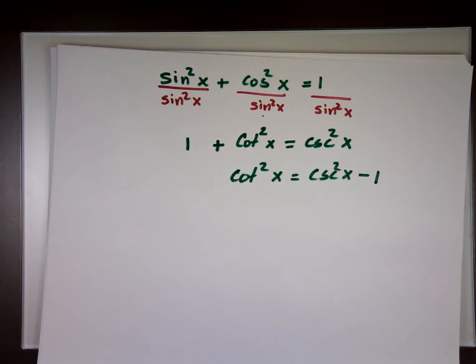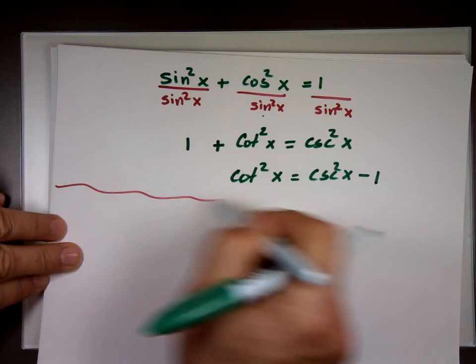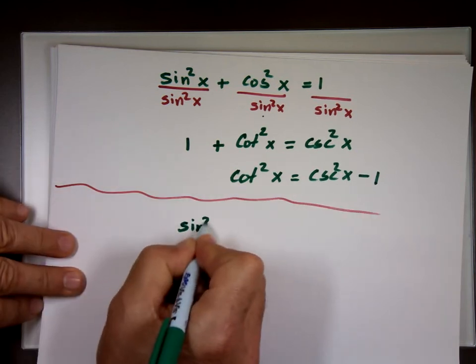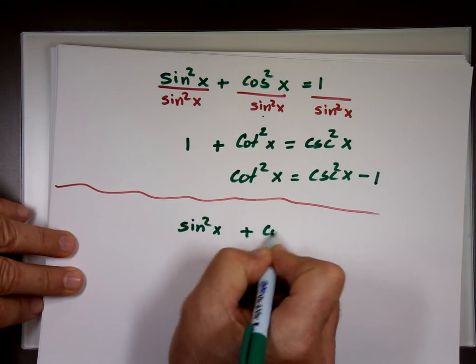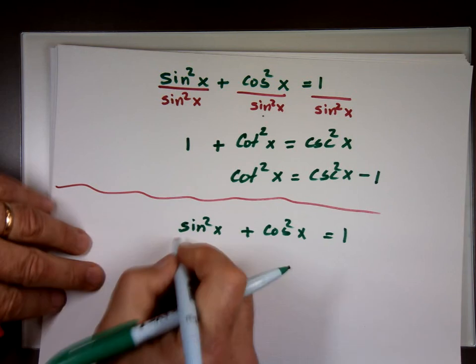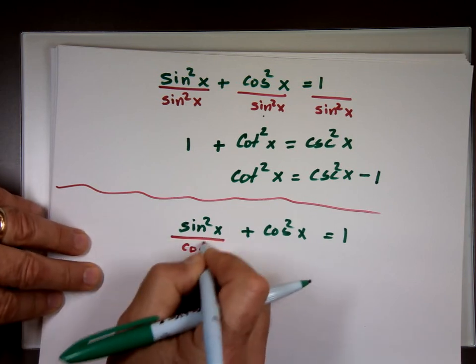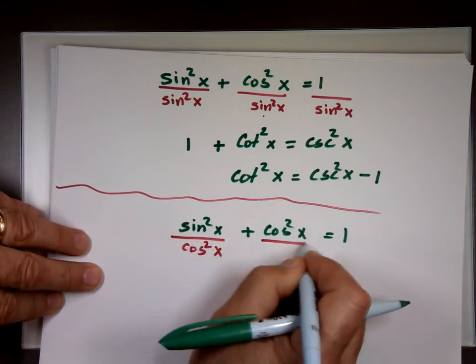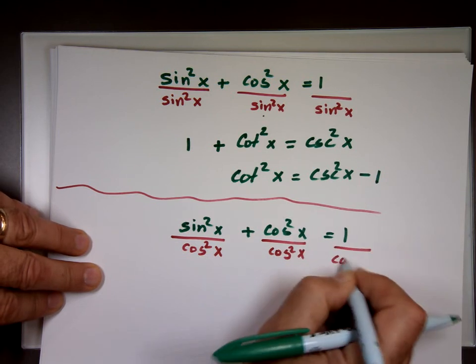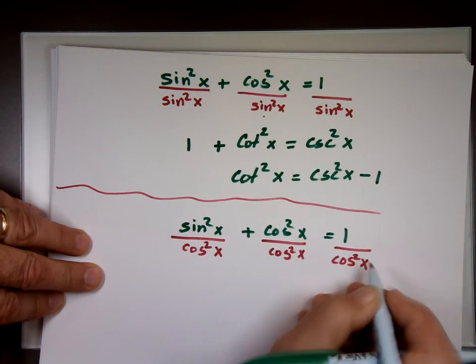And by the way, nothing to do with this problem, if you took the same one on the top, sine squared plus cosine squared, and instead of dividing by sine squared, you divide by cosine squared, you create another identity. What is sine over cosine?